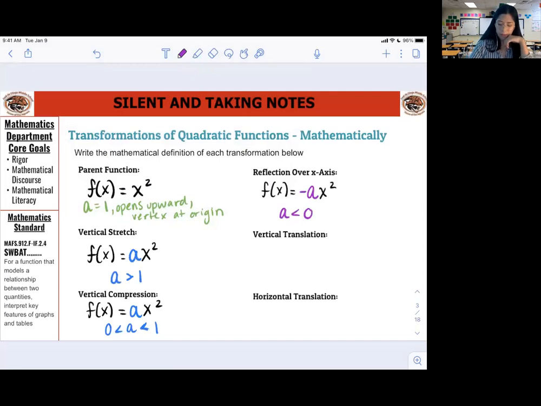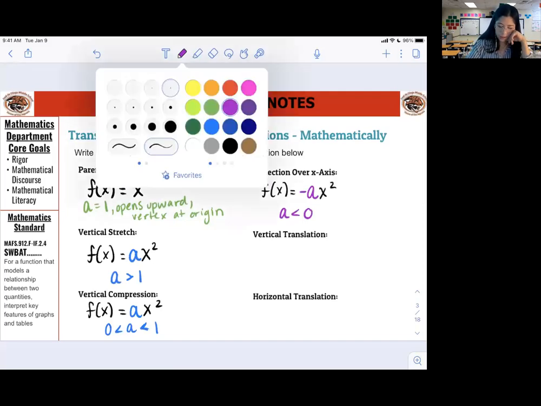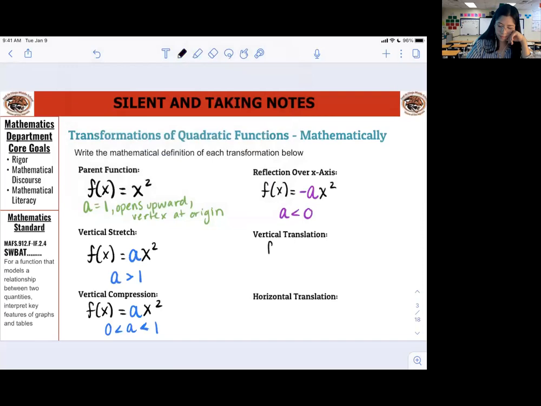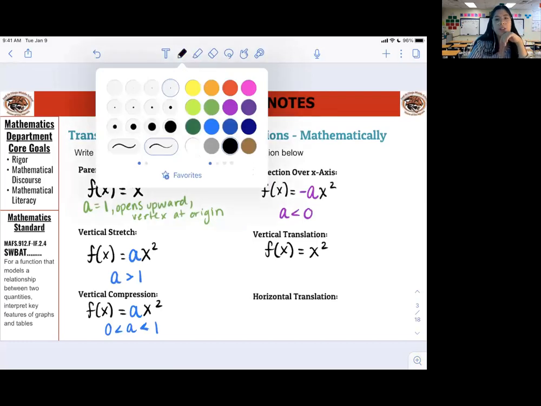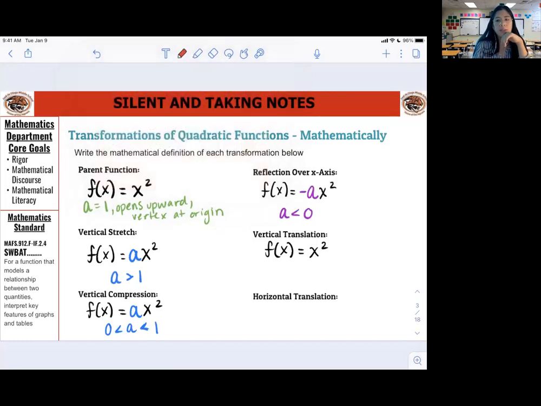Okay, and now we have vertical translation. Vertical translation goes which directions? Left and right. Careful, what's vertical? Up and down. So that's when we add not a coefficient, but a constant.